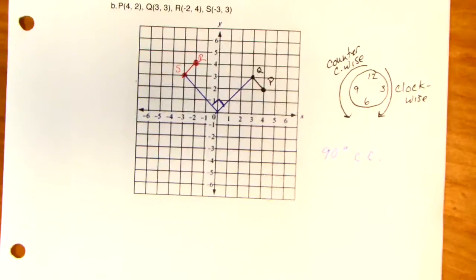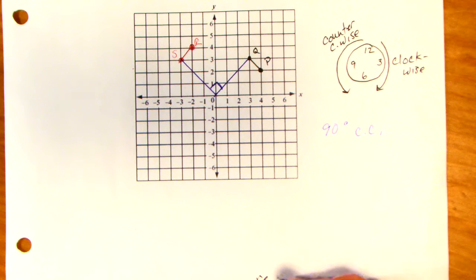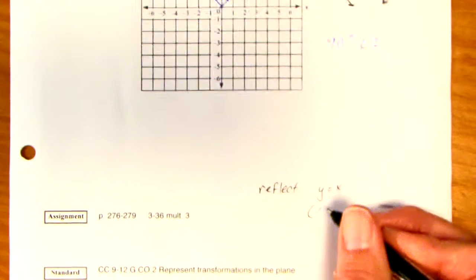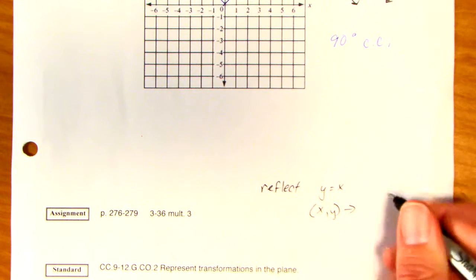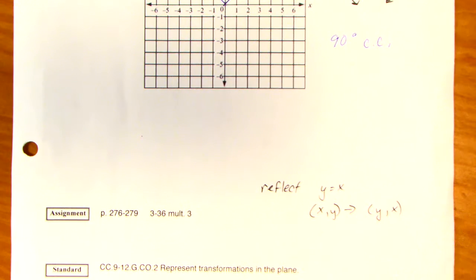That thing I was going to tell you about: if you're going to reflect something over the line y = x, the rule for it is (x, y) goes onto, ready for this? (y, x). Didn't see that coming, did you?